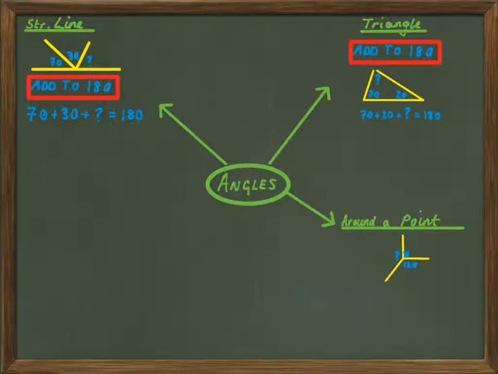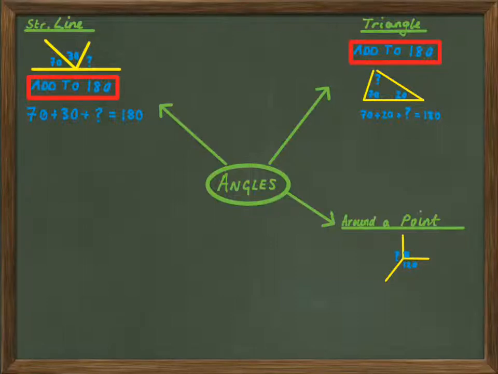Skipping on down then, moving through them quite quickly. Next fact is around a point. So we've done straight line, triangle. Triangle in particular is very important, comes up a lot. Around a point then, in general, if you think of doing a full circle, that's basically what around a point is. You stand somewhere, turn clockwise all the way. That's called normally like a 360 or something like that, okay?